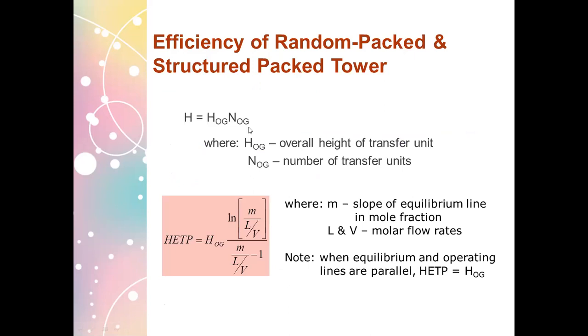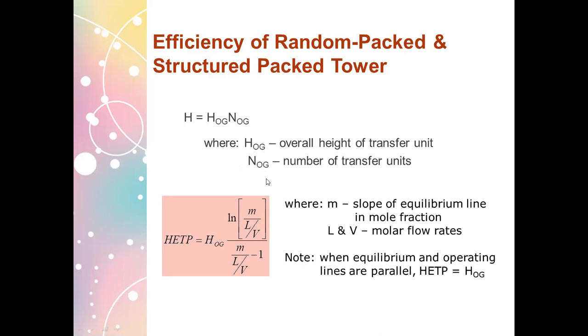The O that you see in the subscript mainly specifies that it's the overall mass transfer unit that was used as a basis. If it does not contain the O, then it's just the mass transfer unit, but not the overall mass transfer unit.